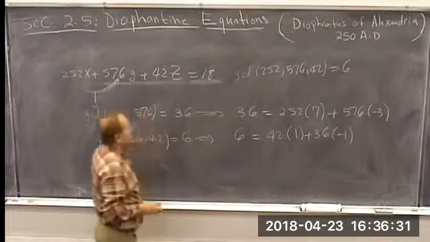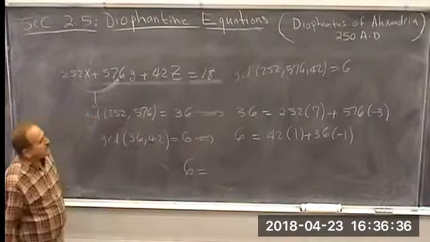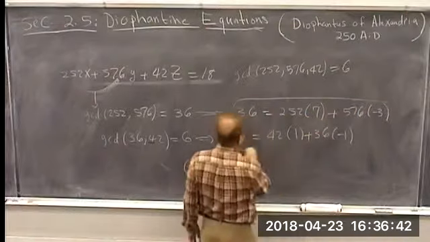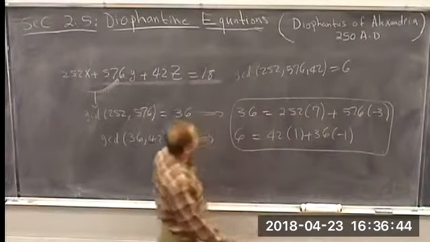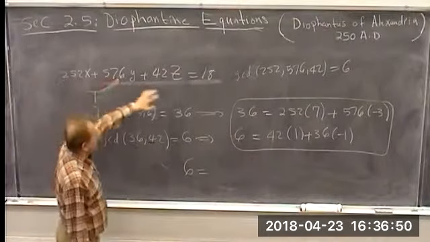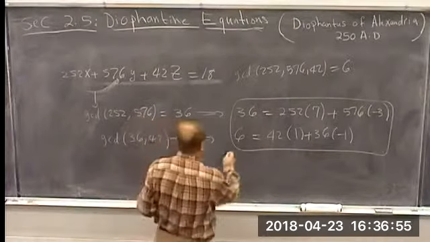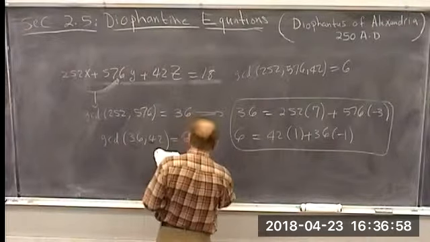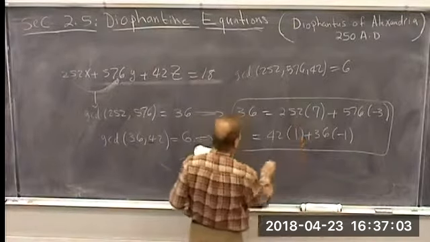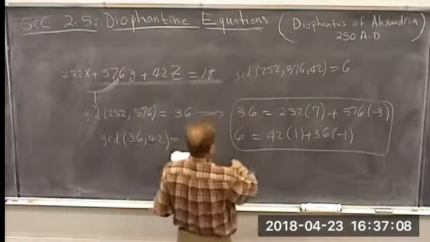Now the question is, can I express 6 in terms of, in other words, we're going to use these two equations to express 6 as a linear combination of the original coefficients. And you find this by substituting, so you get first of all 42 times 1, we don't have any 42s in here, and then you're going to replace the 36 by what 36 is equal to.